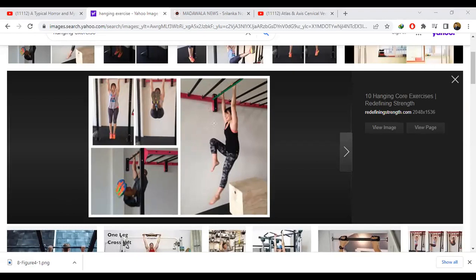Yes, sir. Similarly, using the first pair of ribs as this bar, other ribs are moving upward and forward using the intercostal muscle contraction. Understood? Yes, sir.